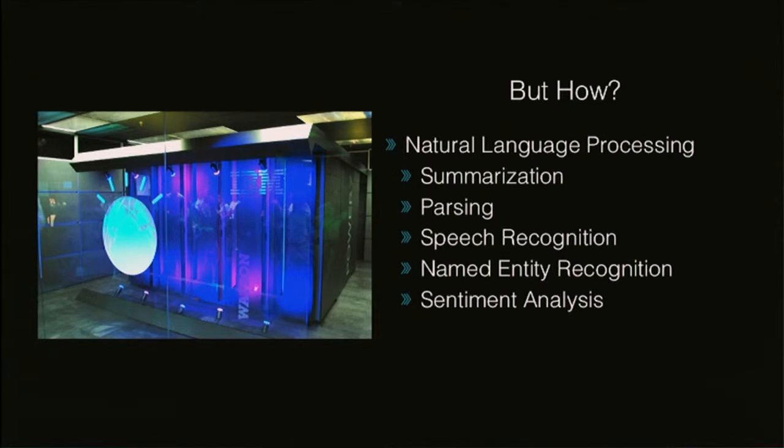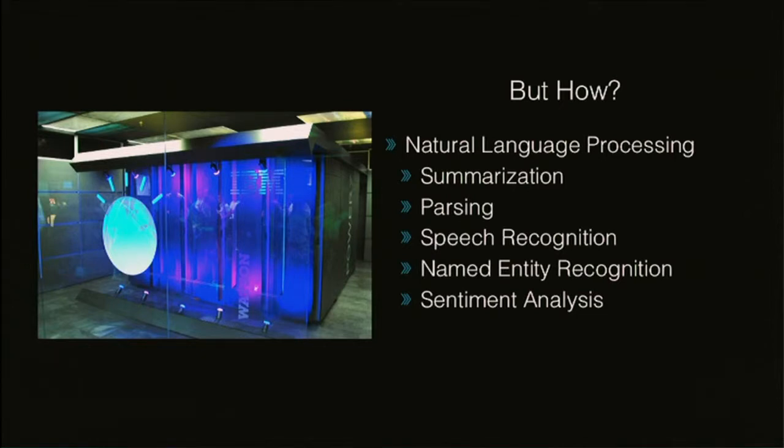Speech recognition, so things like Siri or text-to-speech. Named entity recognition, so recognizing the nouns, the verbs, the adjectives in sentences. And sentiment analysis, which is what we touched on here. And a lot of these things are what actually drive IBM's Watson, their famous computer, which you see here.